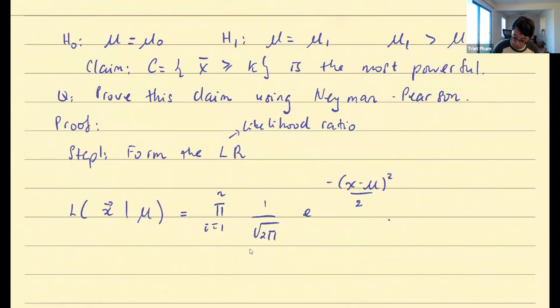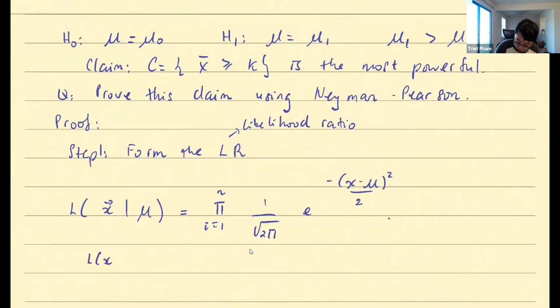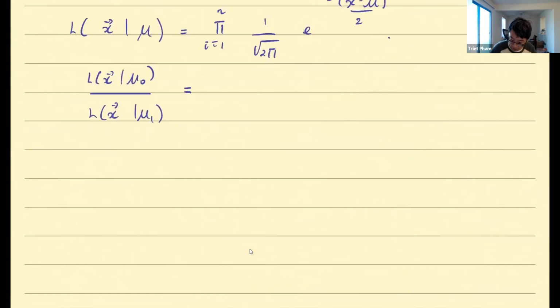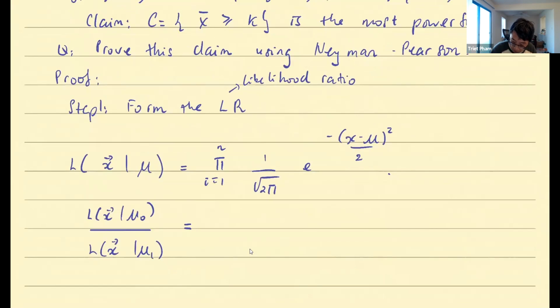All right, so when I try to form the ratio, the ratio will be L under mu 0 divided by L under mu 1. Well, I hope you see, first of all, this constant goes away. You will get, oh, sorry, this is xi.